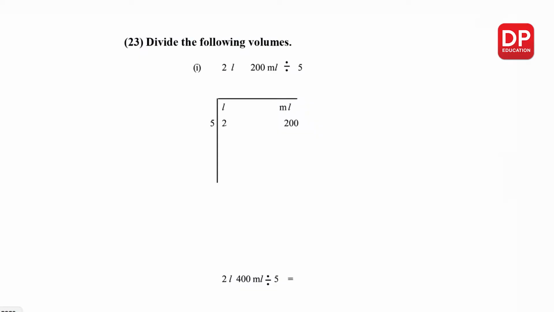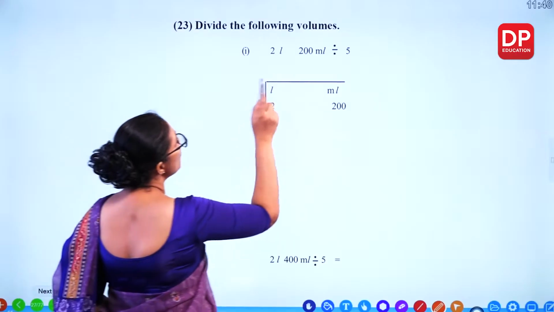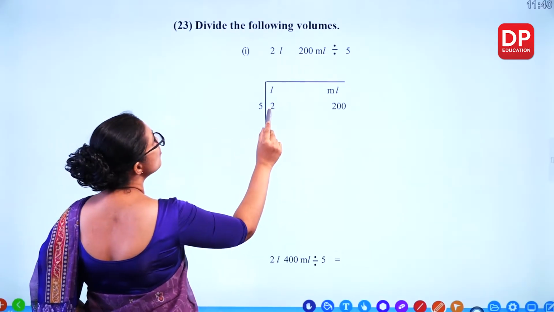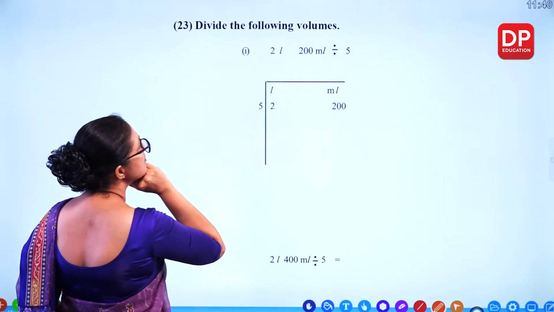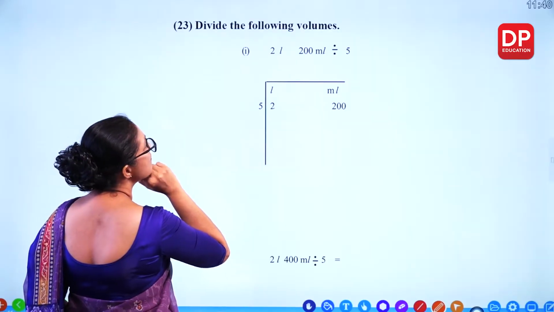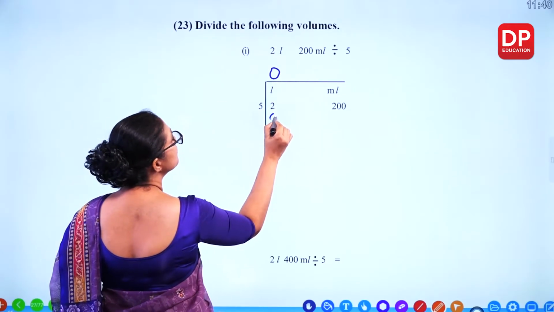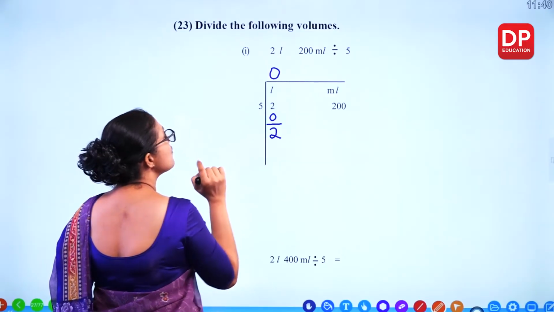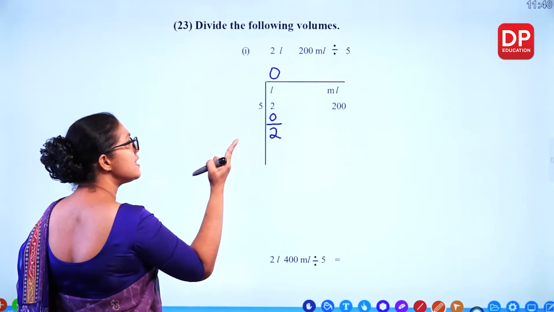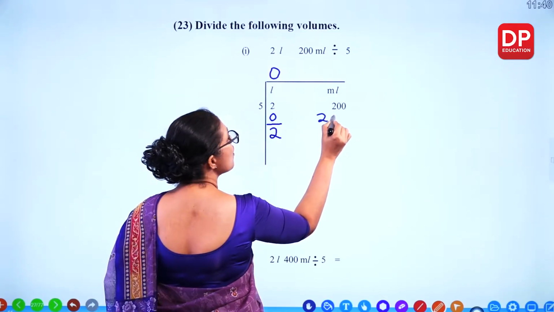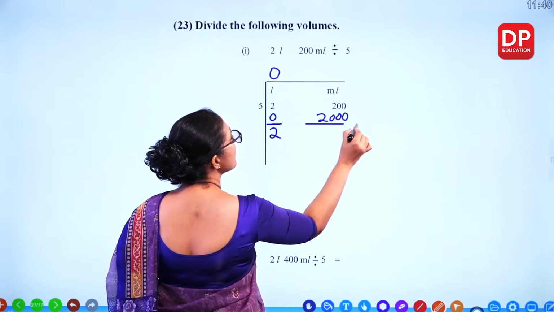Divide the following volumes. Volume of liquid, 2 liters 200. Divide by 5. You can't divide, so you put 0. 2 liters remaining. When you take it to milliliters, this becomes 2000. Now add it.